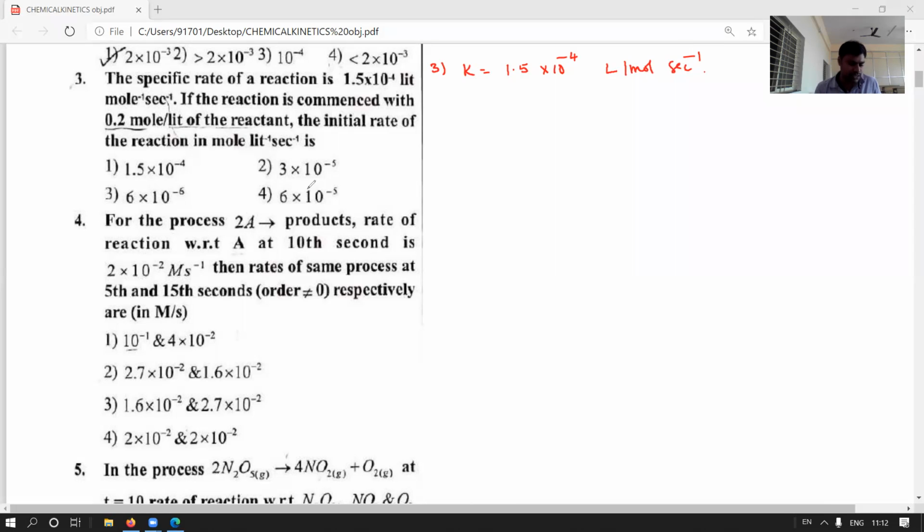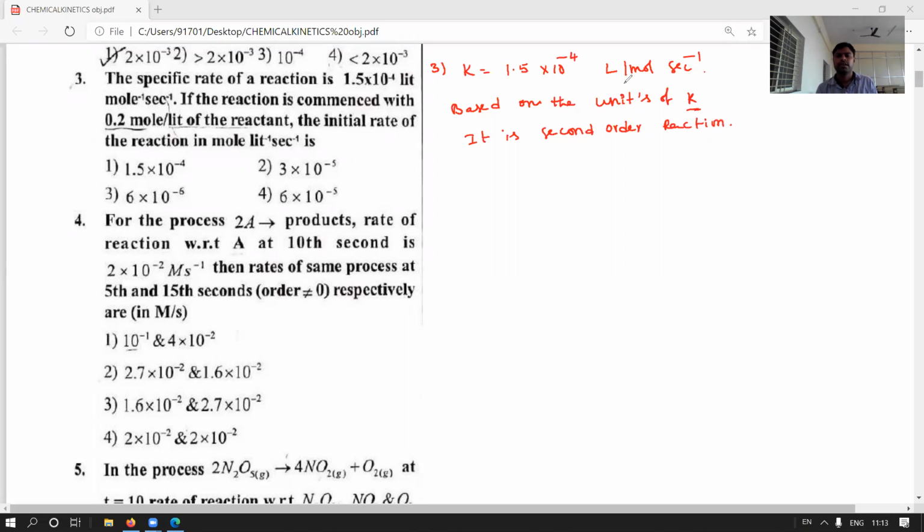So based on the units of K, which is liter per mole second inverse, it is a second order reaction.